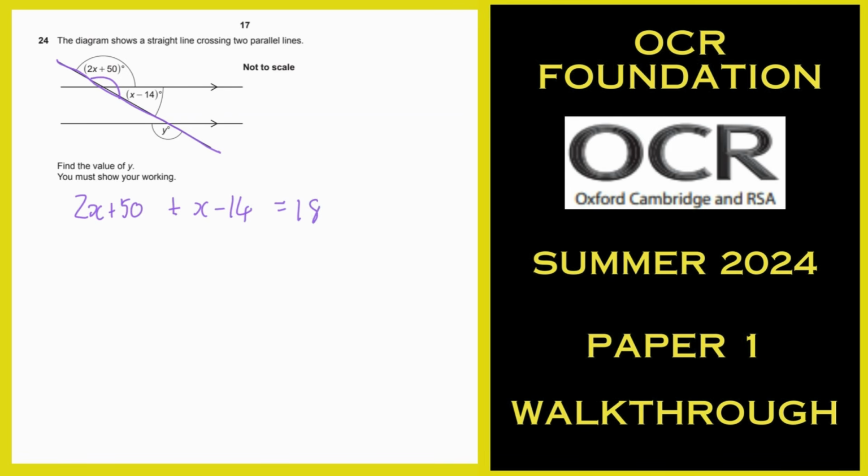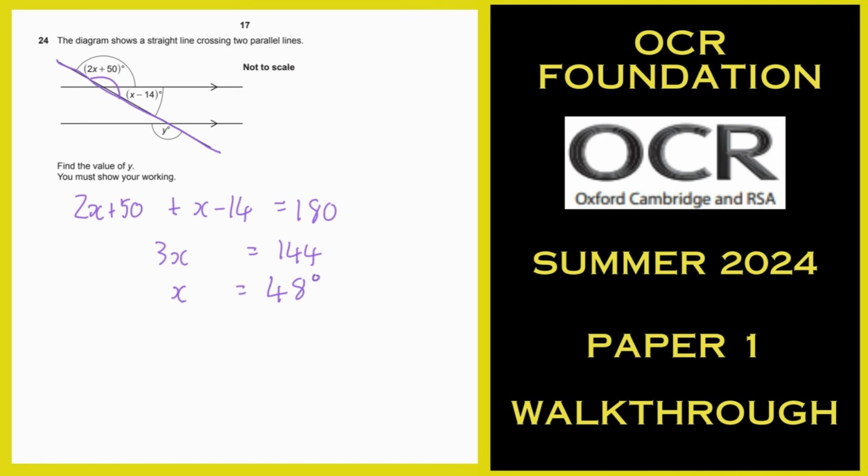They must equal 180. Put your x's together, add 14 to both sides, subtract 50 from both sides, and we get our value of x. Divide everything by 3.